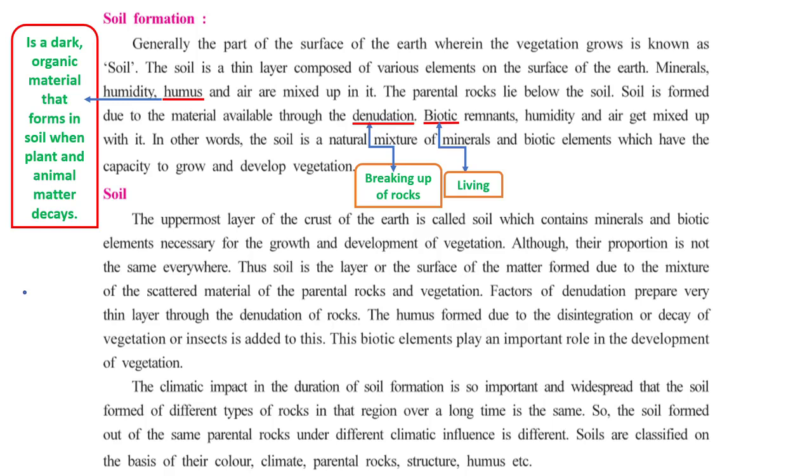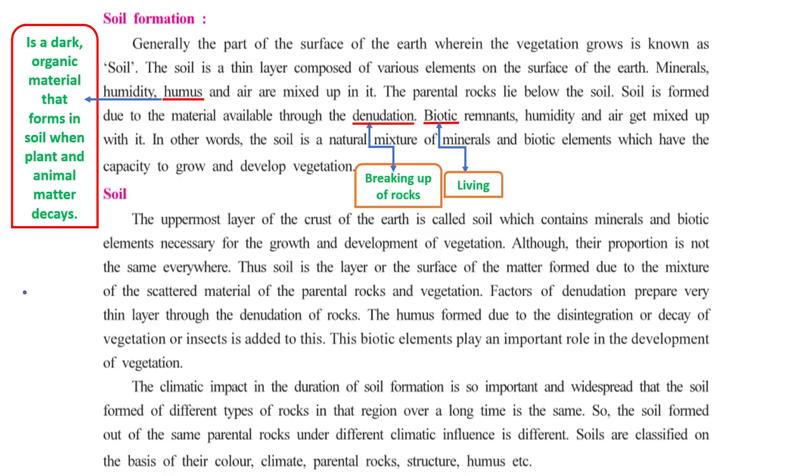Generally, the part of the surface of the earth wherein vegetation grows is known as soil, as said, the uppermost part. The soil is a thin layer composed of various elements on the surface of the earth. Minerals, humidity, humus, and air are mixed up in it. These are the elements which are mixed up and ultimately soil is formed. Now, here comes the meaning of the word humus.